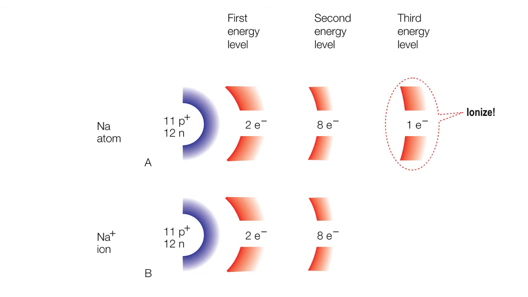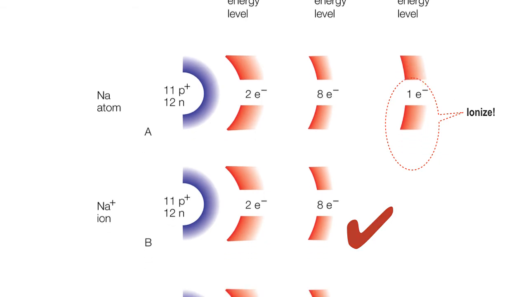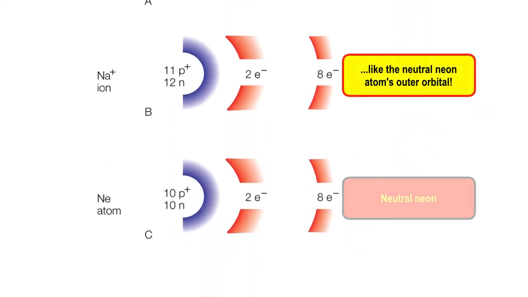Let's ionize that neutral atom, and when you do, you have a sodium ion, positive sodium ion. It's only got 10 electrons, but it's 11 protons, so the net is plus 1. It's a positive ion.